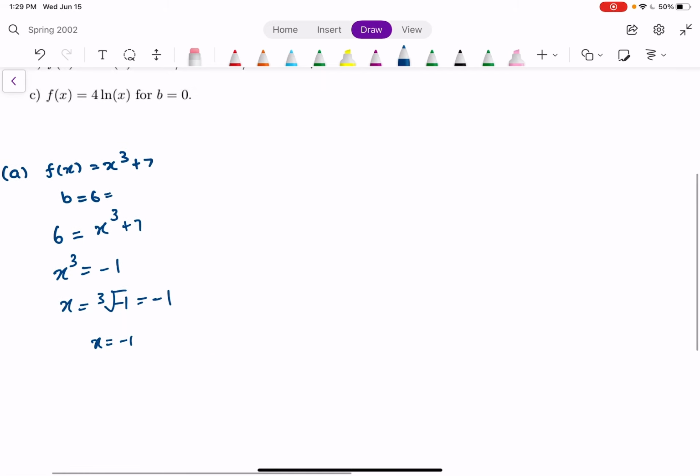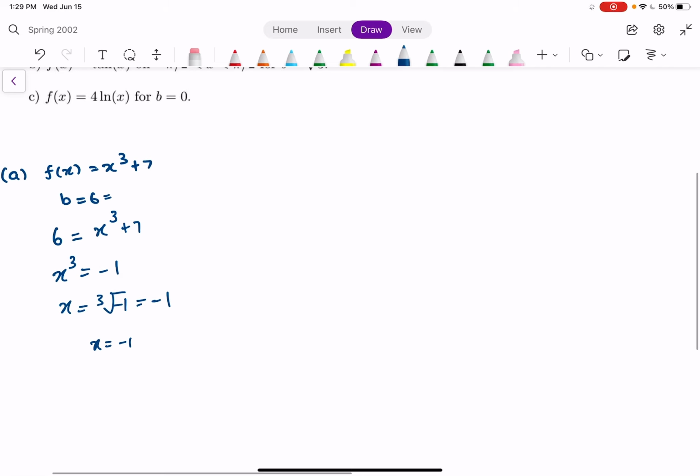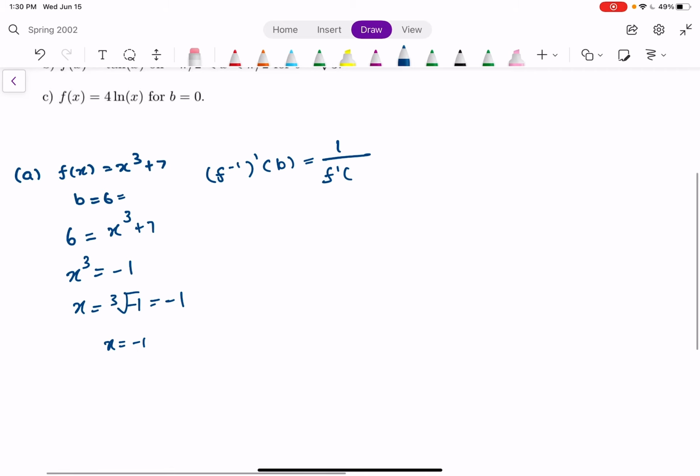So now we're going to find that the f inverse derivative of b equals 1 over f prime of whatever got you to that value of b, which is, in this case, x equals -1.